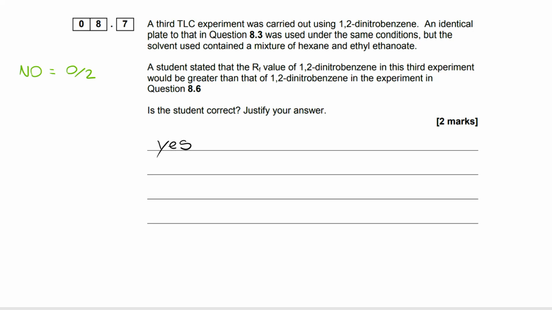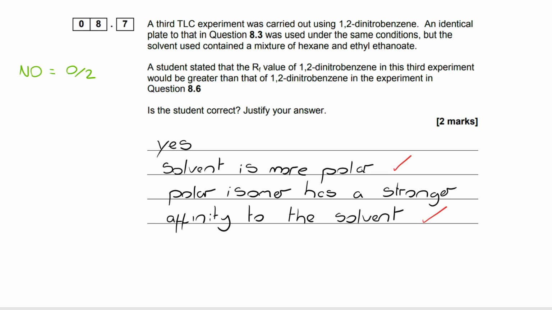Well, you need to say yes. You need to justify that. So we're not at marks yet. But if you say no, it's an automatic 0. It cannot be credited with any marks. But why is it yes? Well, the solvent is more polar, so we get a mark for stating that. And the polar isomer has a stronger affinity to the solvent or the mobile phase.